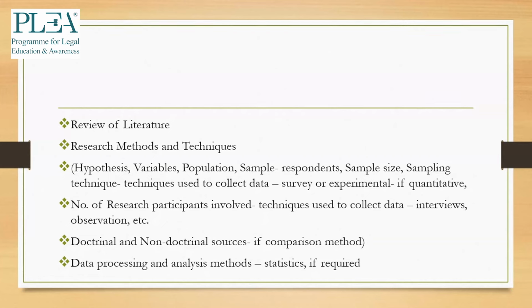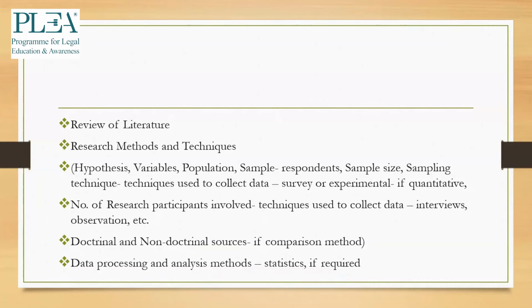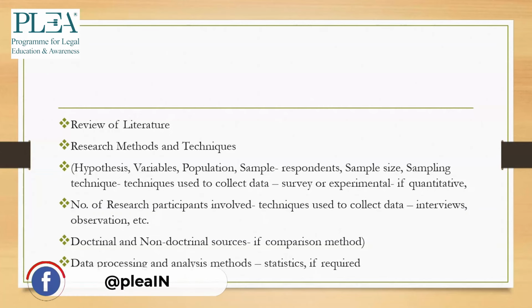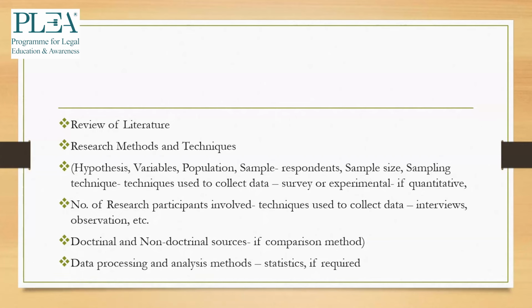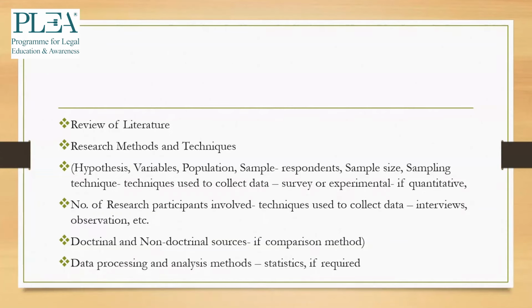Another method in qualitative research would be observation. A third method can be doctrinal and non-doctrinal sources. That is, you can study different treatises, different laws, different case laws, that is judgments of the Supreme Court, High Court, International Court of Justice. You can study different principles of law, Latin maxims, different newspaper reports, different journals, and you can compare them.